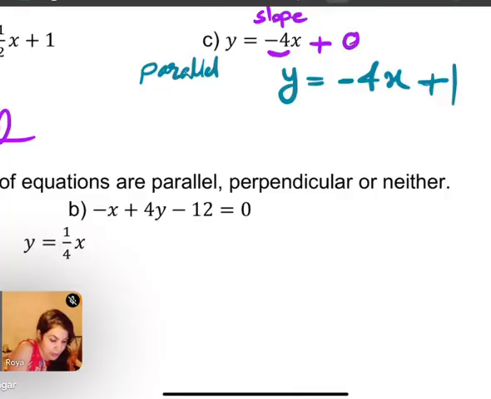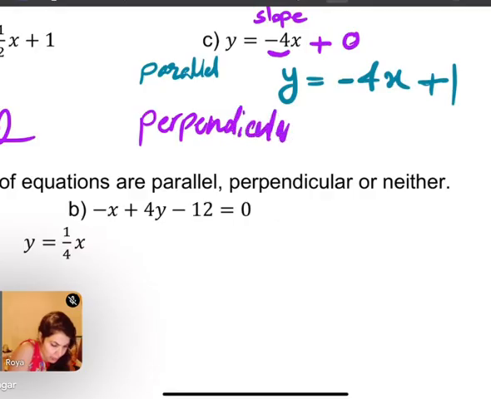And perpendicular is, you have y equal to the negative reciprocal of the slope plus 1.